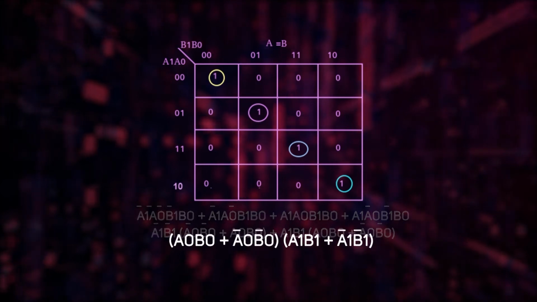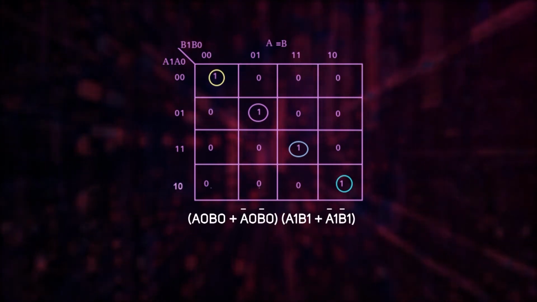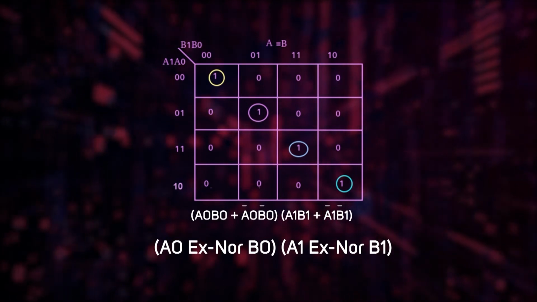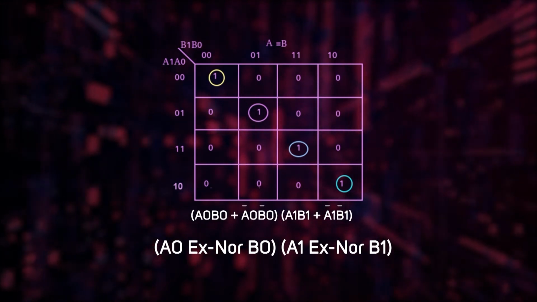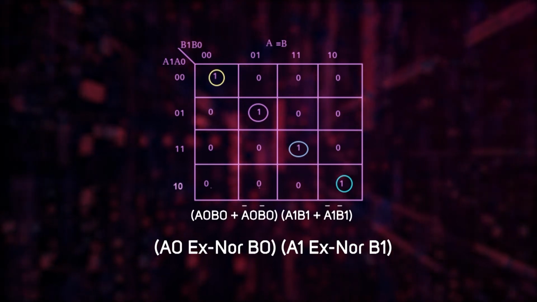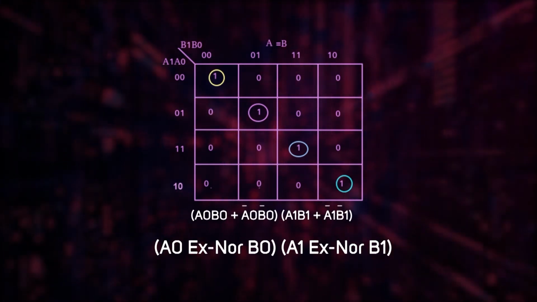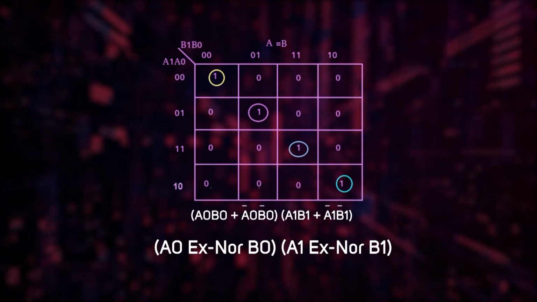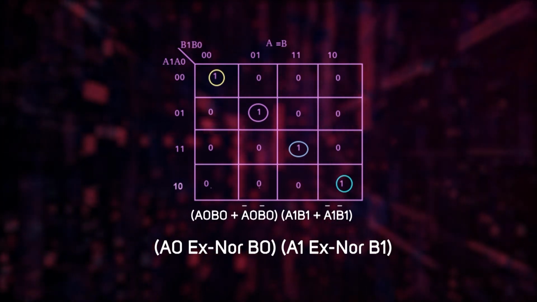This can again be simplified into A0 XNOR B0 dot A1 XNOR B1. Thus, the Boolean expression for the equality condition A equal to B is A0 XNOR B0 dot A1 XNOR B1.